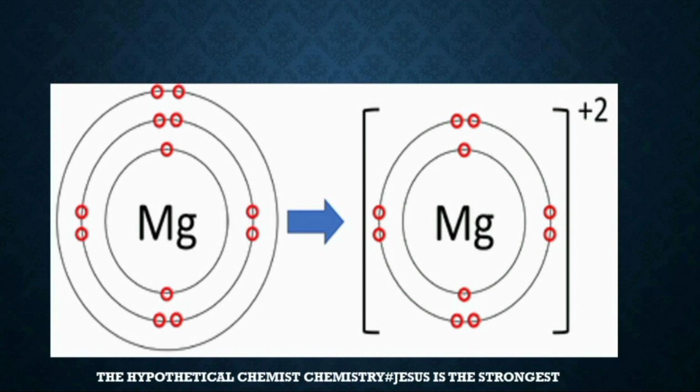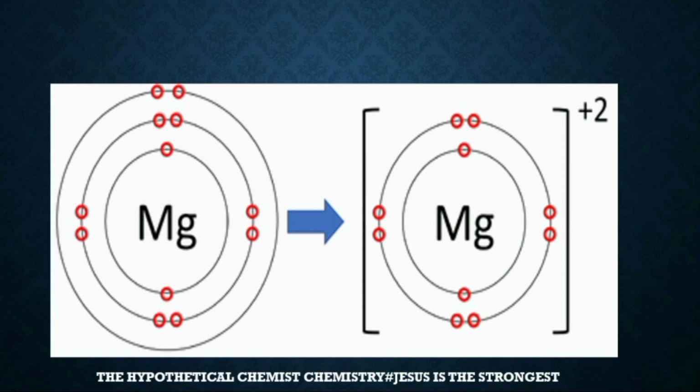So we have the magnesium atom here with an electron number of 12, but here the +2 indicates that it has lost 2 electrons, and as a result the third shell is no more there because there is no electron for it to occupy. So we have up to the first and the second shell, the first taking 2 and the second shell taking 8, in that order.